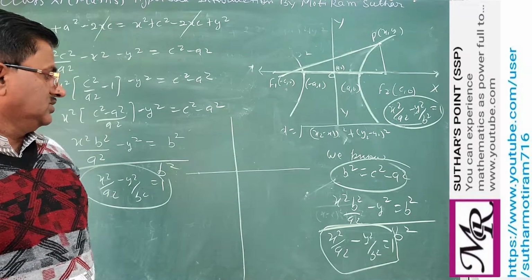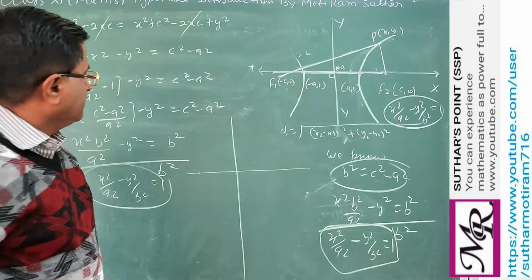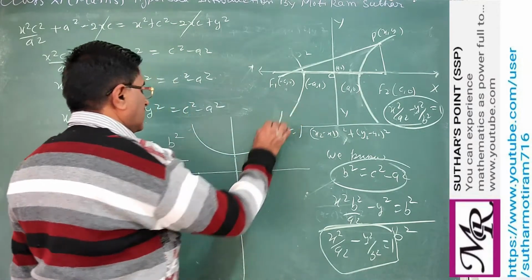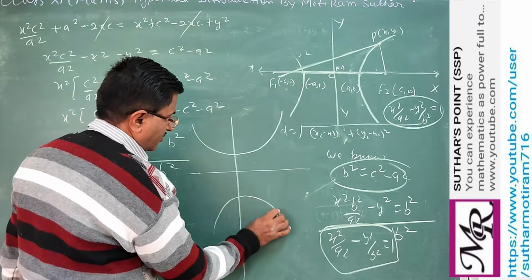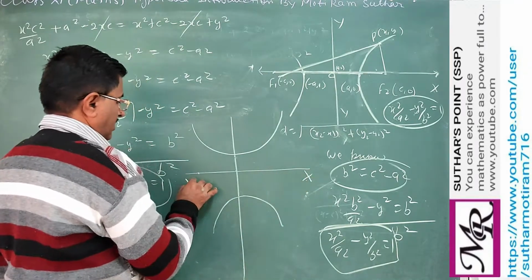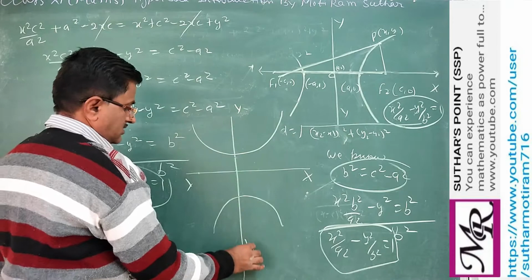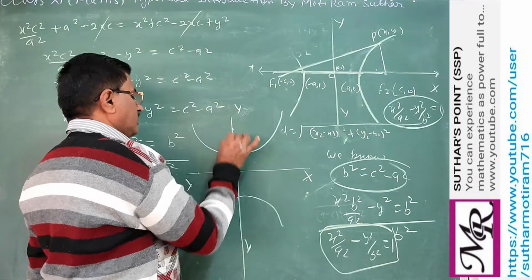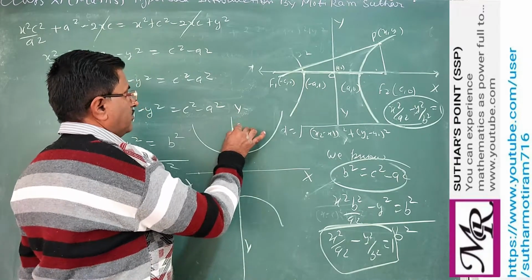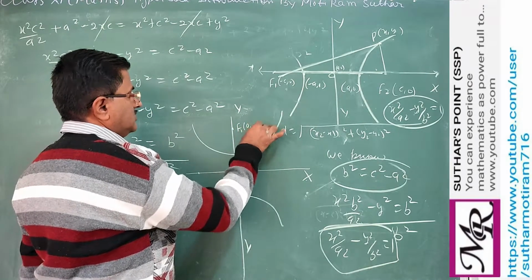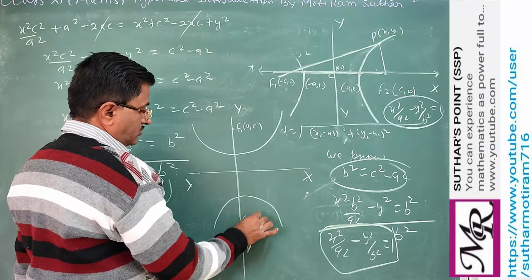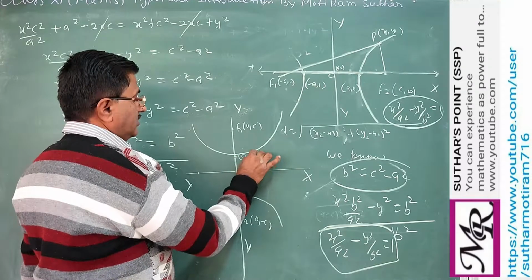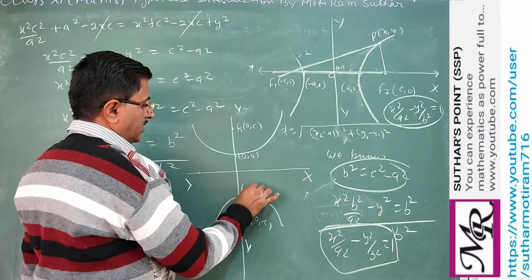Now if we discuss the second type of hyperbola, see what changes there are. Dear students, the transverse axis will be along the y axis for the second type of hyperbola. This is the y axis. Clear? Now the coordinates of the foci: F1 will be (0, c), F2 (0, minus c). Vertex coordinates are (0, a) and (0, minus a).